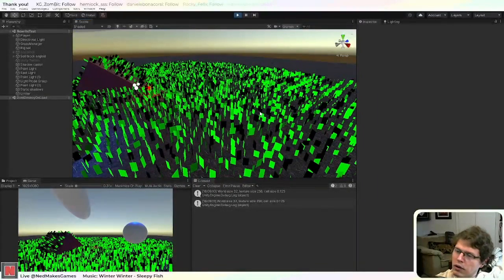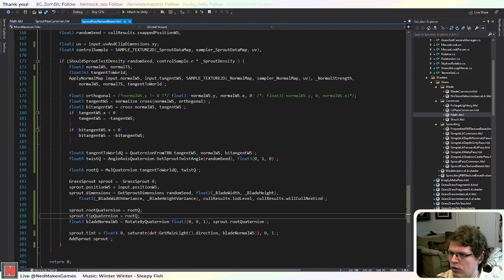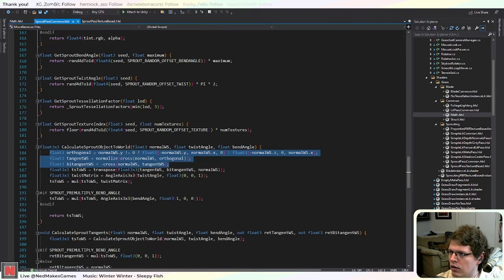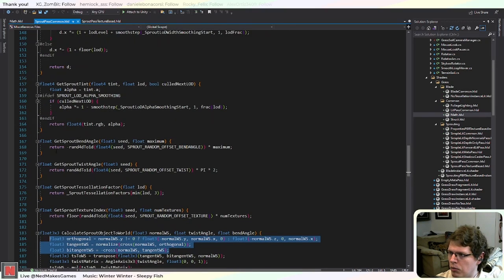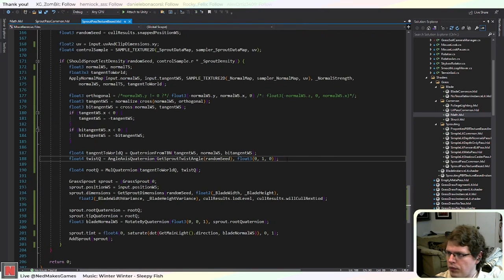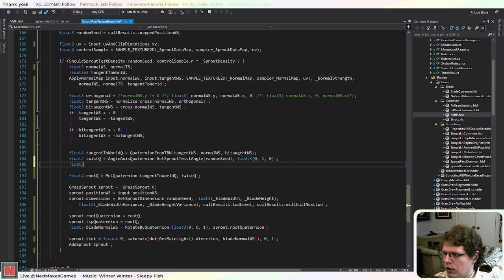Okay, so now we're about ready to do the tip rotation, and so what I want to do here is, I already have a bend angle. Float4. So I want to actually bend these forward a little bit.